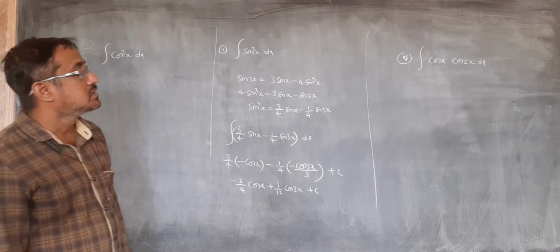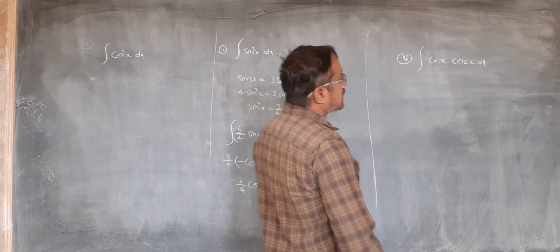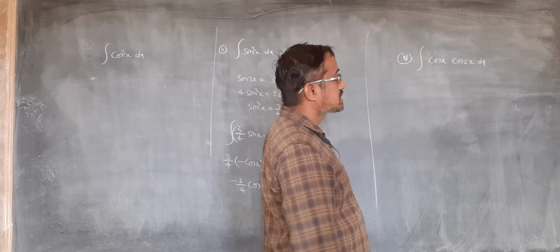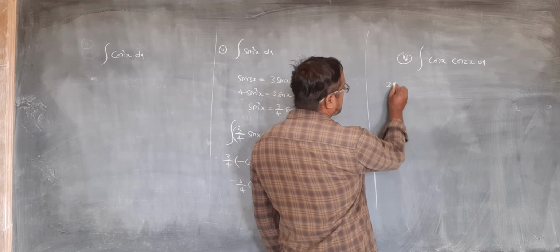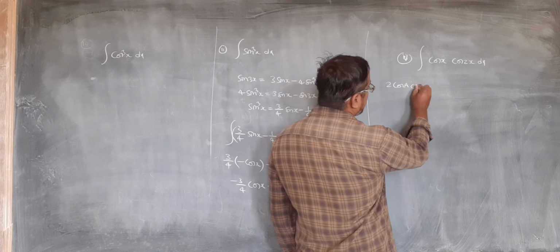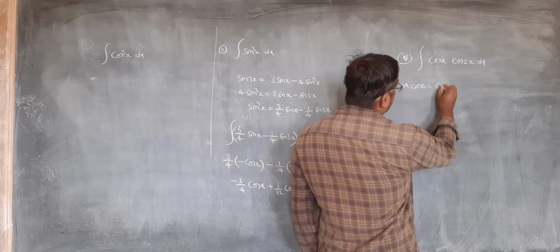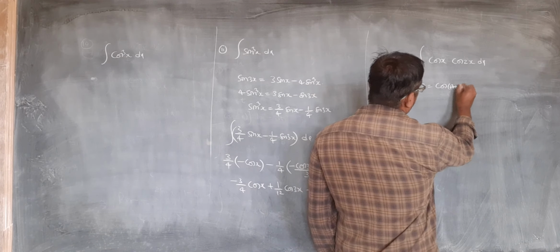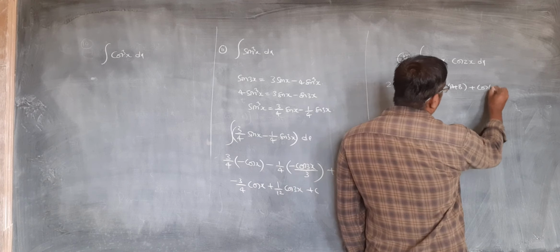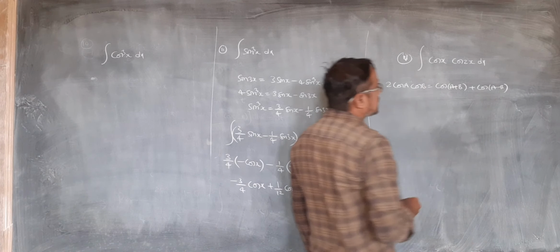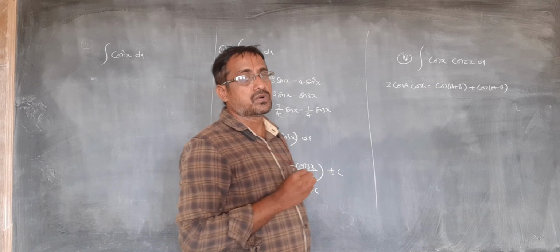Okay. Next, integral cos x into cos 2x dx. You have a formula: 2 cos a cos b is equal to cos of a plus b plus cos of a minus b. That is the compound angle formula.